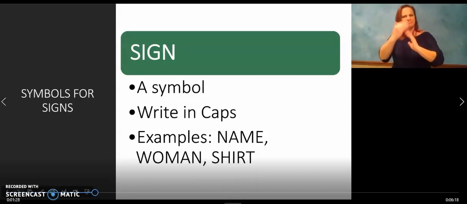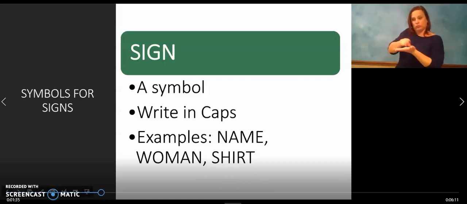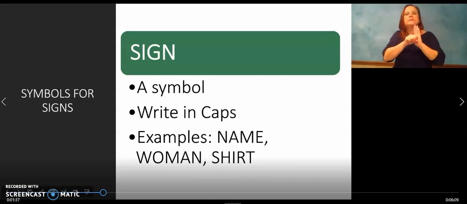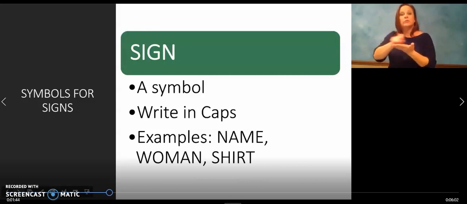As you're learning vocab, you're going to show us that you've learned the vocab by writing the word in caps. The word written in caps is a symbol for that sign. Three examples.